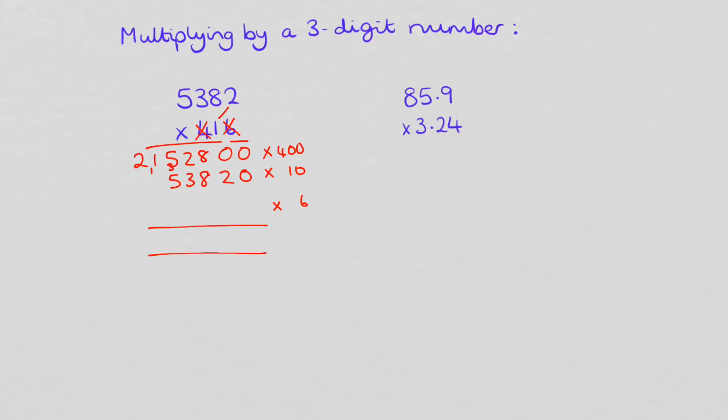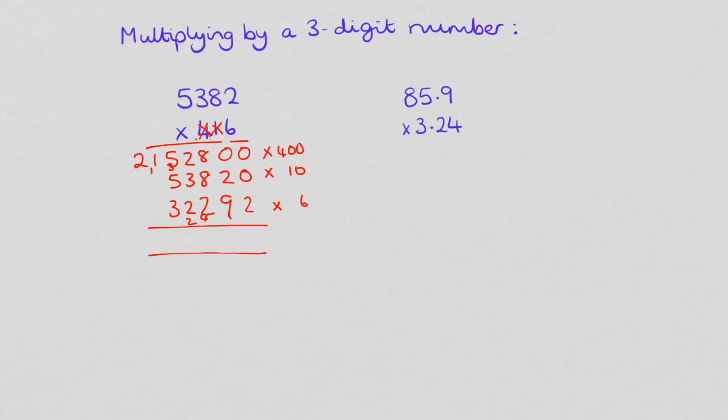And then the next line, we're going to multiply by 6, ignoring the 4 and the 1. Okay, so 2 6s are 12, 8 6s are 48, add the 1, 3 6s are 18, add the 4, makes 22, 5 6s are 30, add the 2, makes 32.